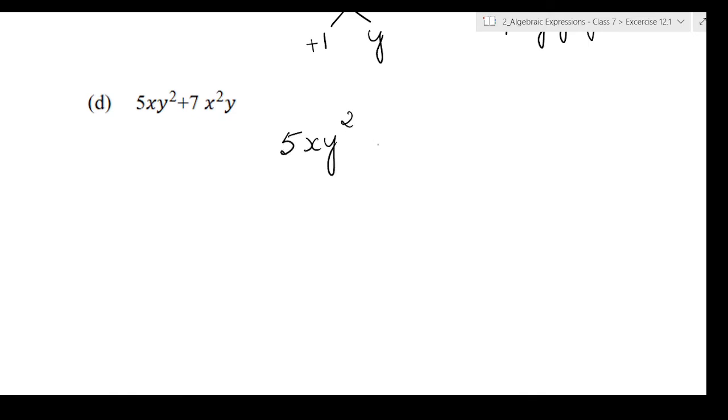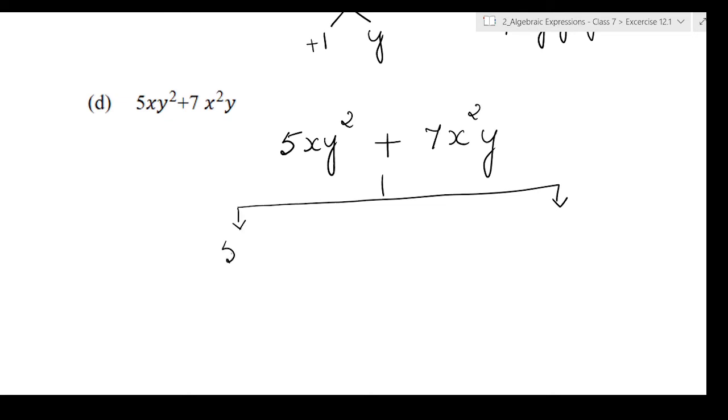5xy square plus 7x square y. Now this algebraic expression is made up of two terms. Which are the two terms? We have 5xy square and we have 7x square y.